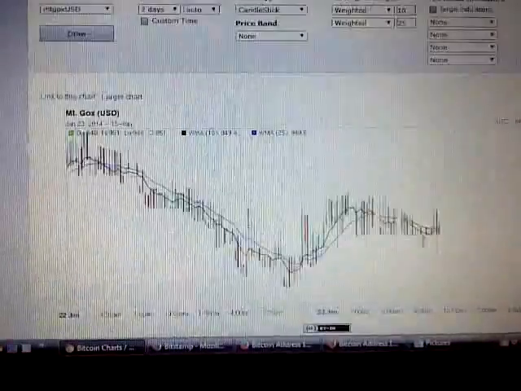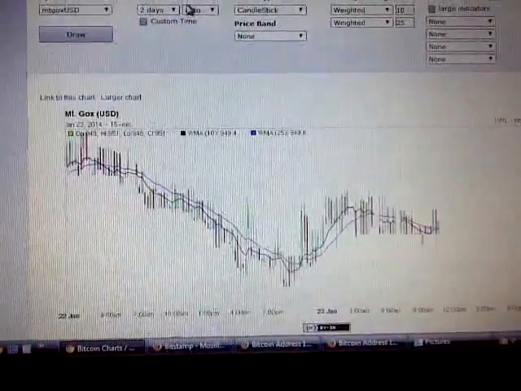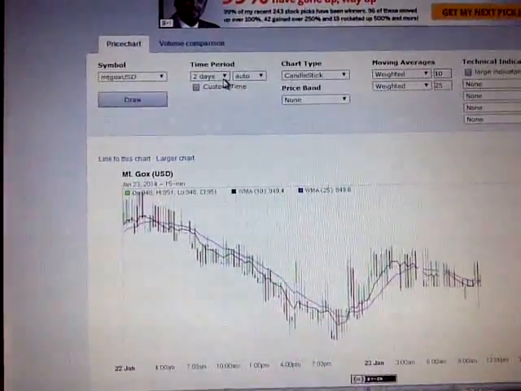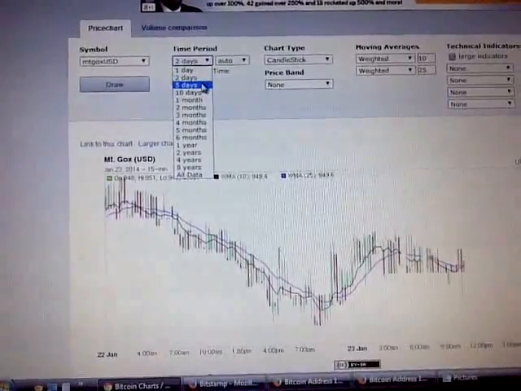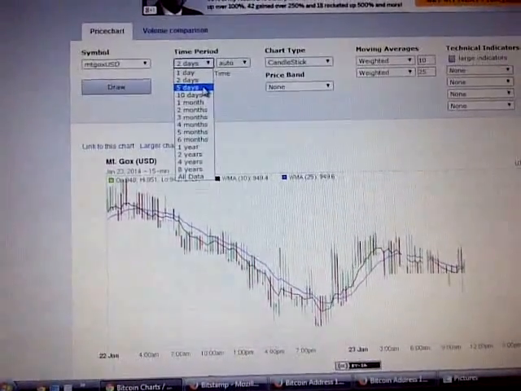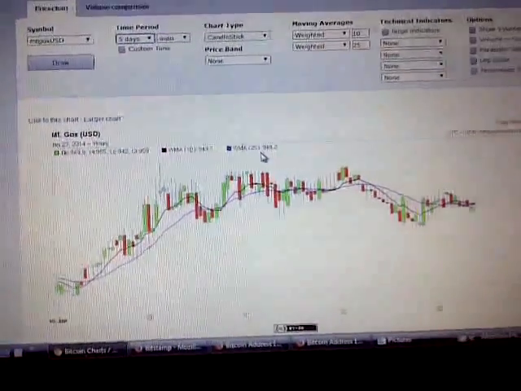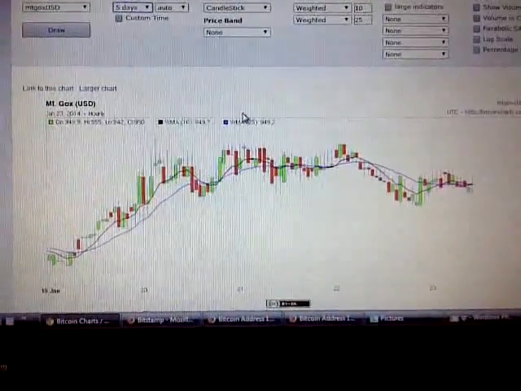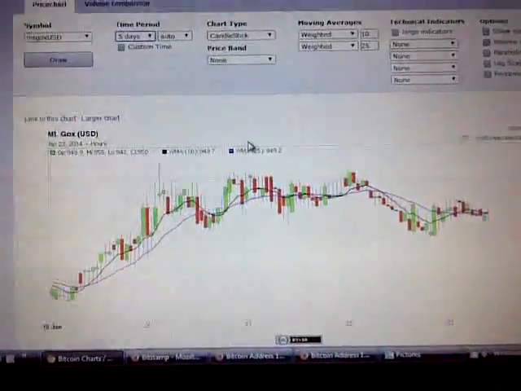Another thing we can do, if it gets kind of confusing, is pull back on the time, and instead of a 15-minute, let's do an hourly on 5 days. So that helps as well.